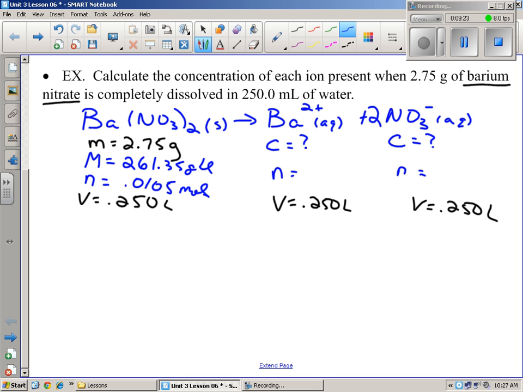Now, you know, we need to kind of look back at this compound here. Look, for every one of these compounds, let's say I was able to take out one barium nitrate compound. When I put it into water, okay, that one compound here breaks up into 1 barium ion and 2 nitrate ions. Okay? Well, gee, let's go on a little bit bigger scale, because to actually get 1 barium nitrate would be pretty tough, probably.